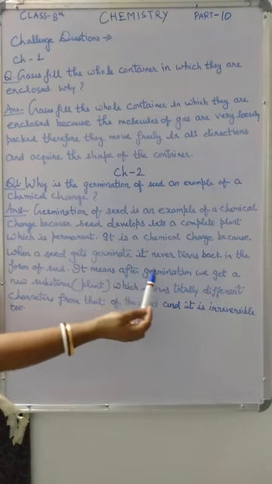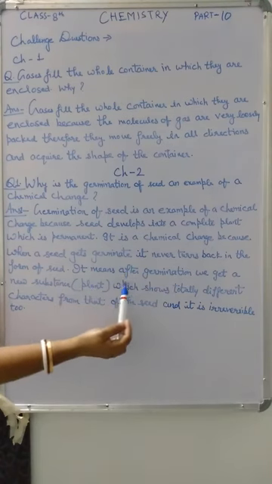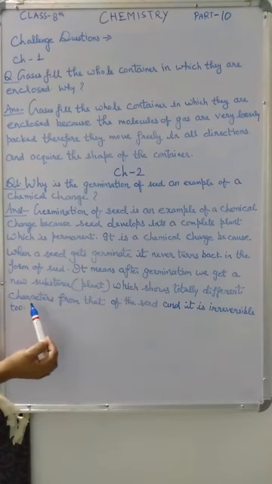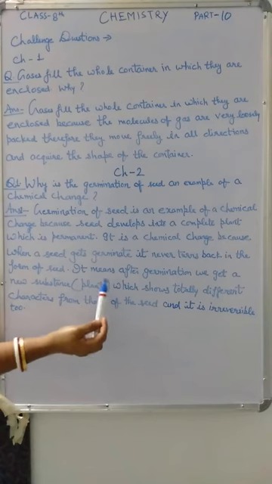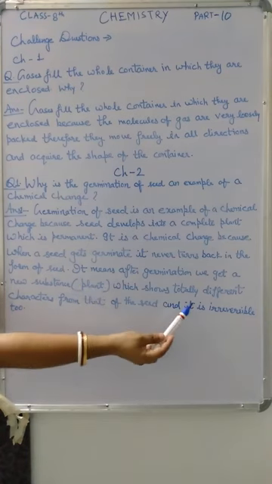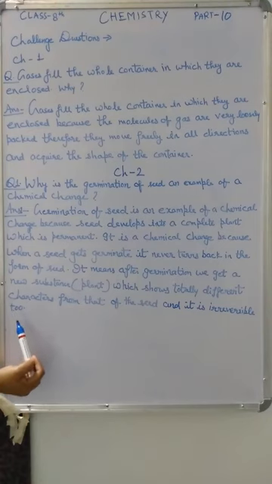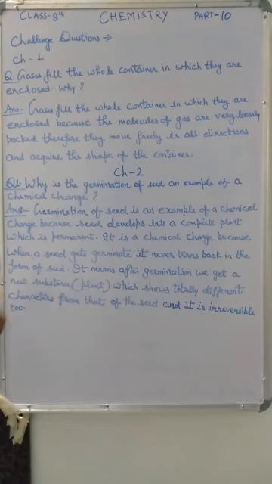It means after germination we get a new substance, that is plant, which shows totally different characters from that of the seed. The characters of the seed are totally different from the characters of the plant. And it is irreversible too. So these are the reasons why germination of seed is an example of a chemical change.